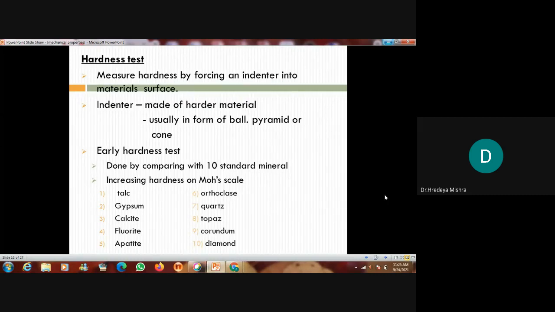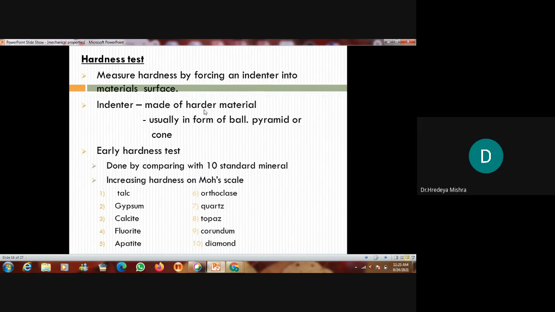So why do we conduct this hardness test? To measure the hardness, by placing an indenter into the material surface. So we are just forcing the indenter into the material surface. What is the indenter?